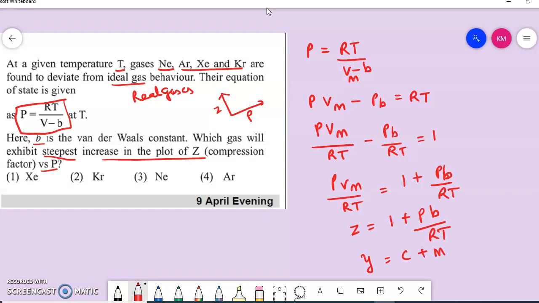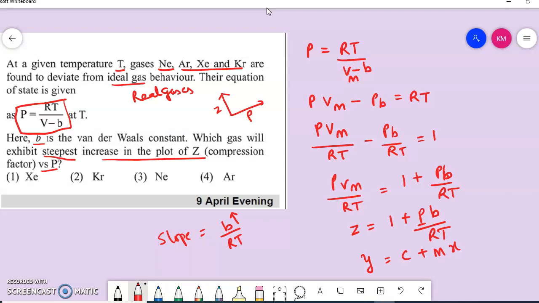Now you can compare it with the equation of a straight line, y is equal to mx plus c, right guys? The x axis I can take as pressure, so the slope is equal to b upon RT. See guys, if the b value increases, obviously the curve will be more steep.